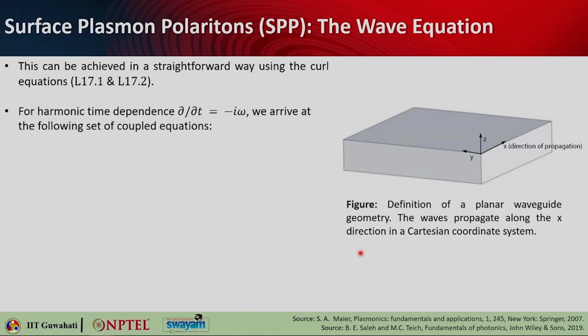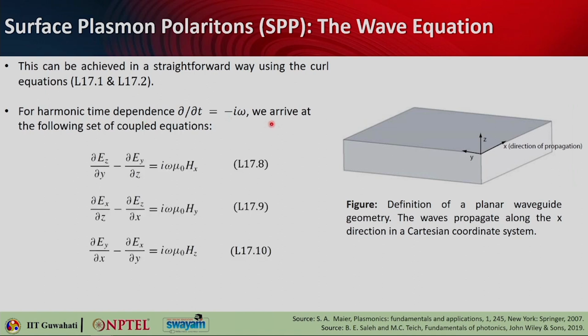If you remember the curl equations that you have seen previously, and now introduce the harmonic time dependence, that is dou t as minus i omega, you get this set of coupled equations. These are the equations that correlate your electric and magnetic field components. Hx is connected to Ey and Ez, Hy is connected to Ex and Ez, Hz is connected to Ey and Ex.